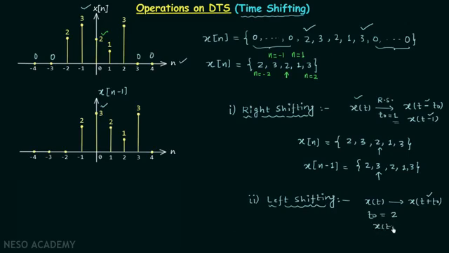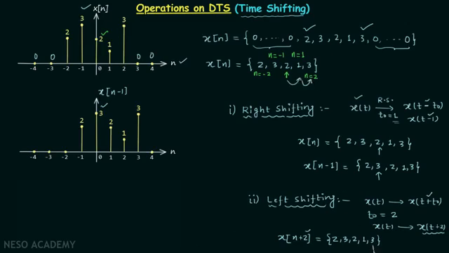So we have x(t) shifting towards the left by 2 units, giving us a new signal x(t plus 2). But we are discussing discrete time signals, therefore we will talk about x[n plus 2]. And like the previous case, we will first write down the values of x[n]: 2, 3, 2, 1, 3. x[n] has a value equal to 2 when n is equal to 0, but after performing the left shifting by 2 integer values, this arrow will jump here and then jump here.